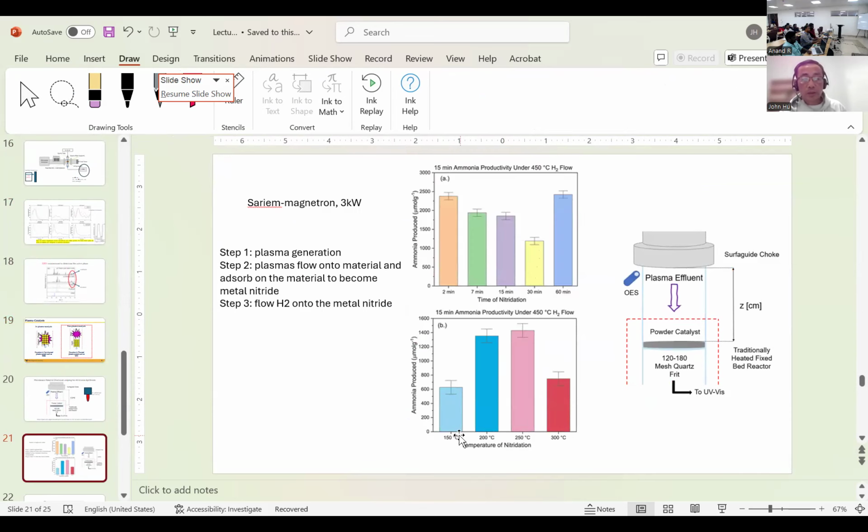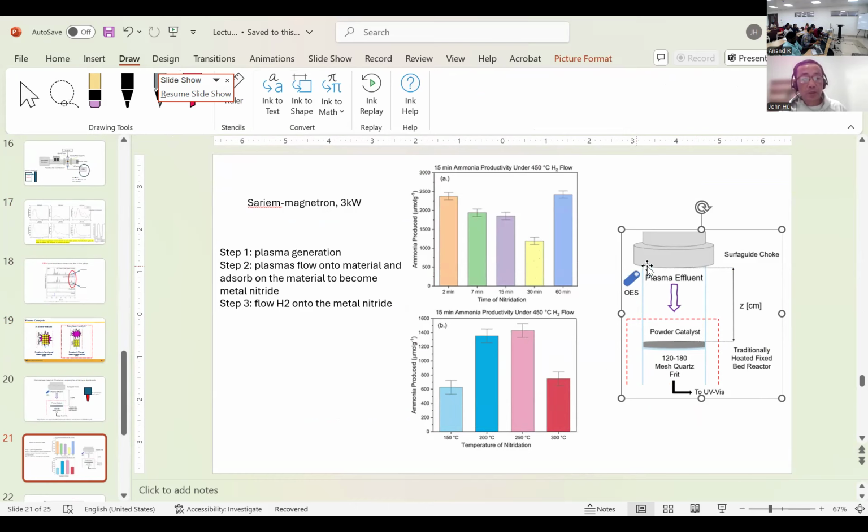So this basically tells you we can maintain this at very low temperature. So this is really energy efficient. Keep in mind, this is not in the plasma zone. This is just a traditionally heated fixed bed reactor. See the wording here? The lower the temperature, the lower the energy you spend.